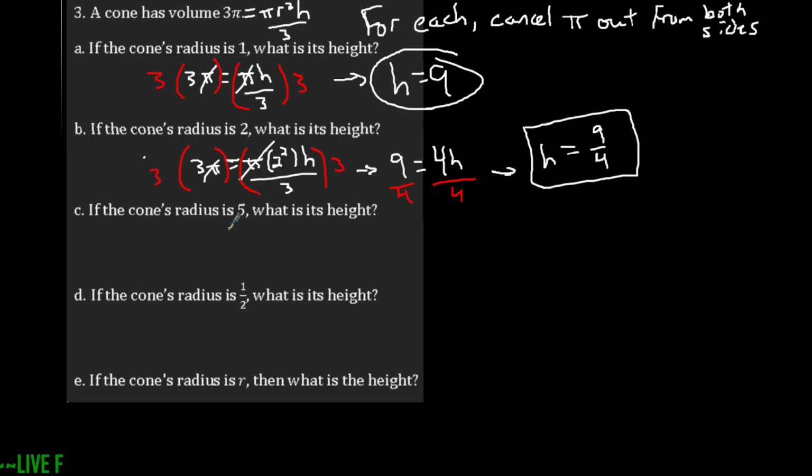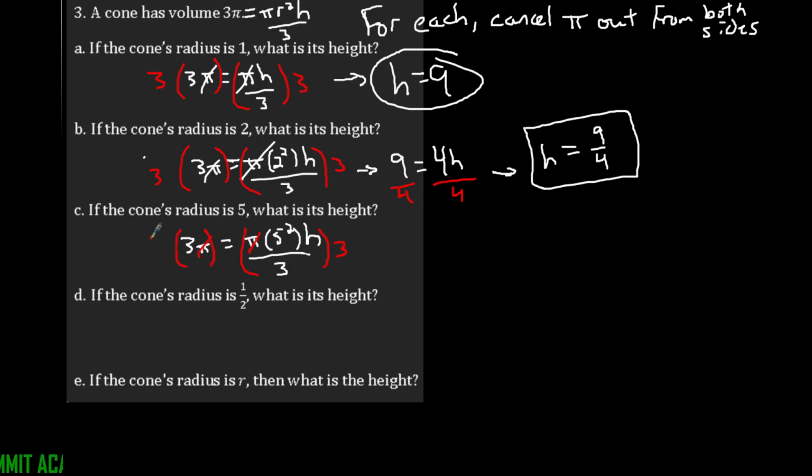For part C, our radius is now 5. So we have 3 pi equals pi times 5 squared times h divided by 3. Same steps: divide both sides by pi, and multiply both sides by 3.